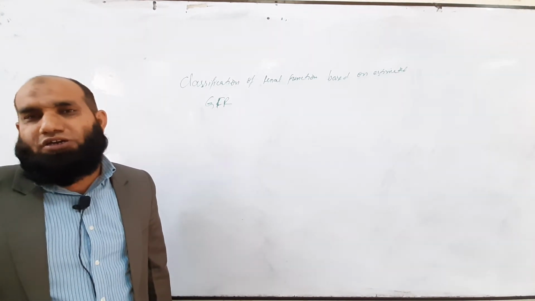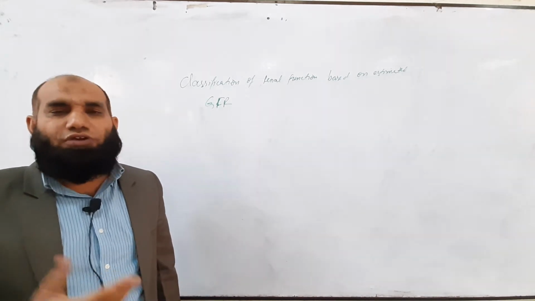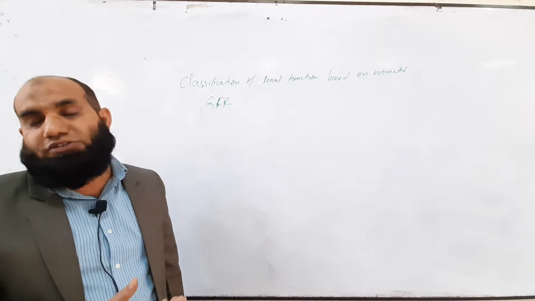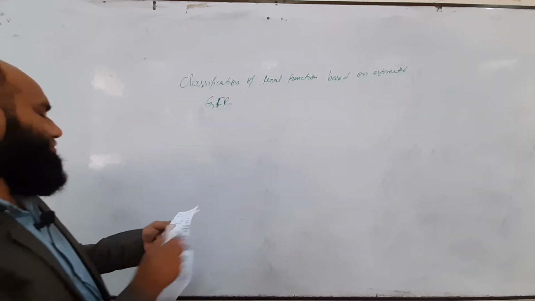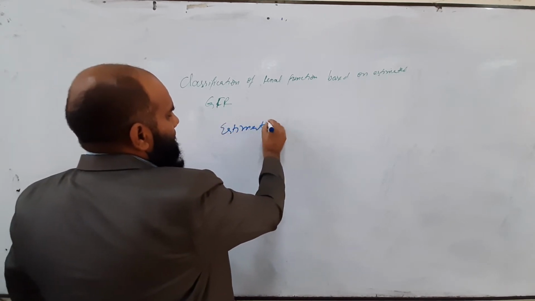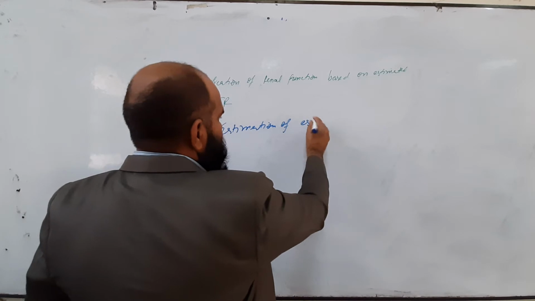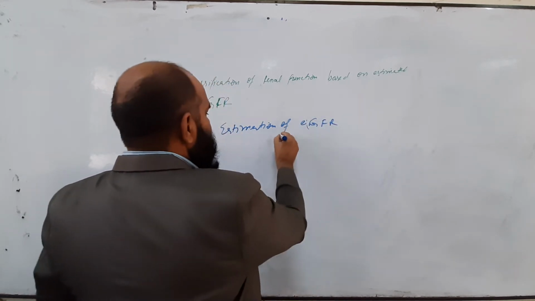We have already used the different formulas for calculating creatinine clearance in the case of adults, and now we are moving toward the estimation of estimated glomerular filtration rate. There are 3 basic methods.